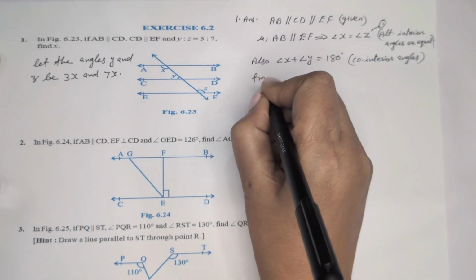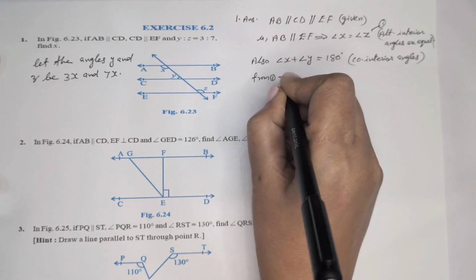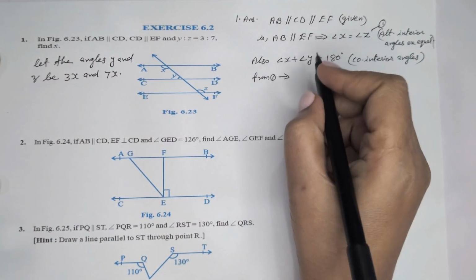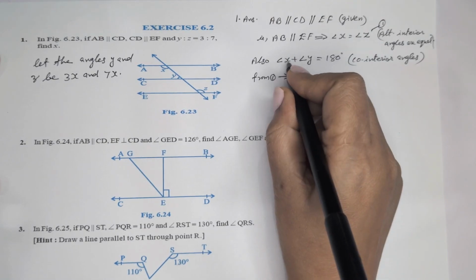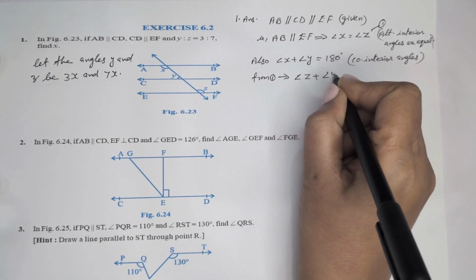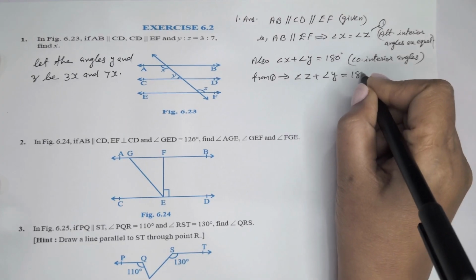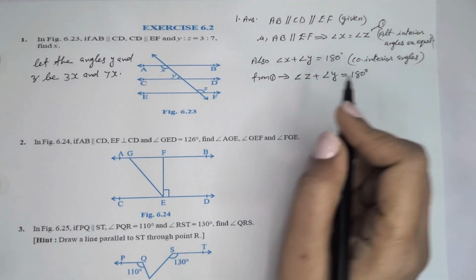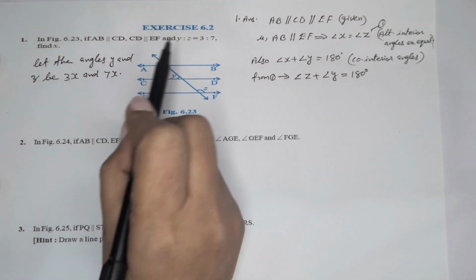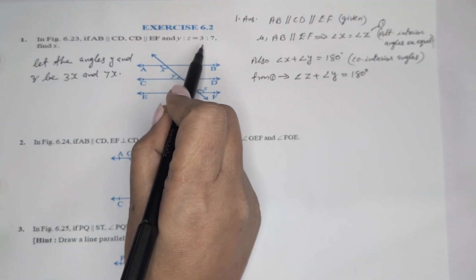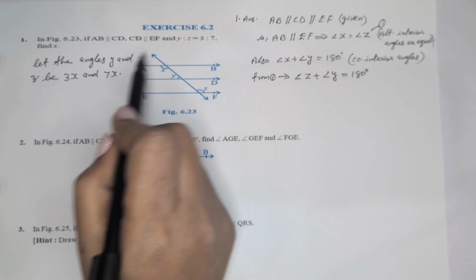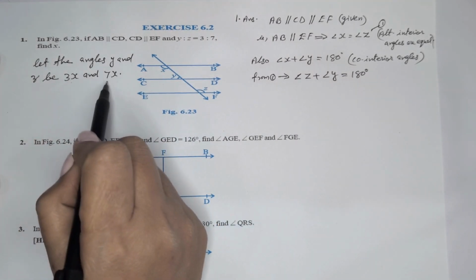From 1, in place of x we can put z. So it will replace that x. Angle z plus angle y is equal to 180 degree. Now already here it is given y and z as 3 is to 7. So whenever a ratio comes, we can take it as: let the angles y and z be 3x and 7x.